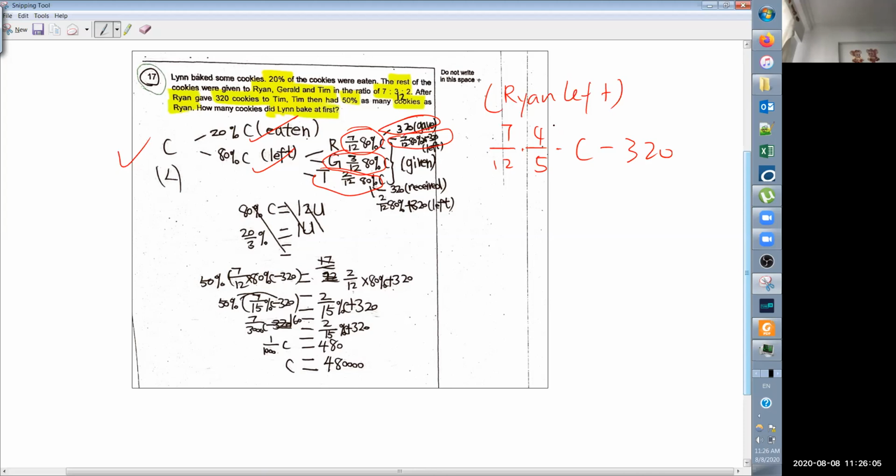Then it says Tim then has 50% as many cookies as Ryan.